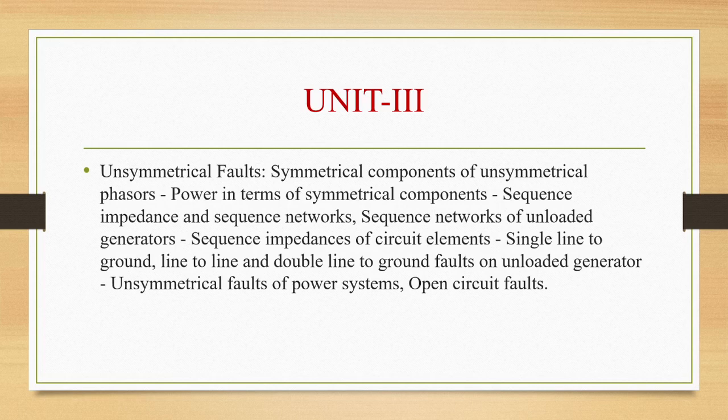In this third unit, as I said earlier, your main focus should be on numericals, students. But before numericals, you have to know the formulas for zero, negative and positive sequence components of symmetrical and unsymmetrical faults.